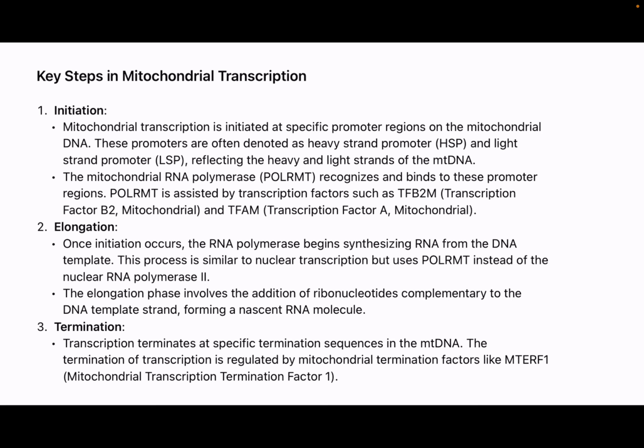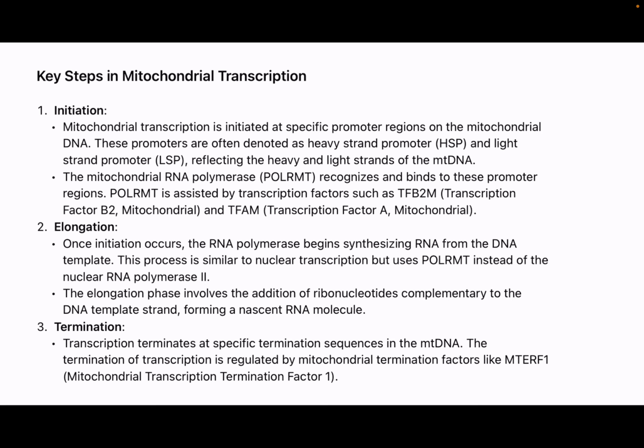After initiation, we have elongation. Here, the RNA polymerase begins synthesizing RNA from the DNA template. This process is similar to nuclear transcription, but it uses POLRMT instead of nuclear RNA polymerase 2. The elongation phase involves the addition of ribonucleotides complementary to the DNA template strand, forming a nascent RNA molecule.